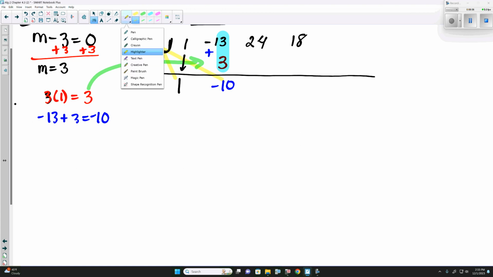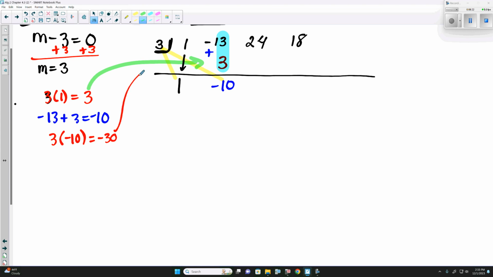And now we're going to repeat this process again. So we're going to do 3 times our negative 10, gives us negative 30. And we take this negative 30 and we place it under the next number.